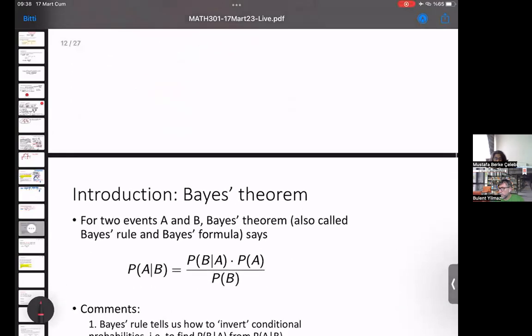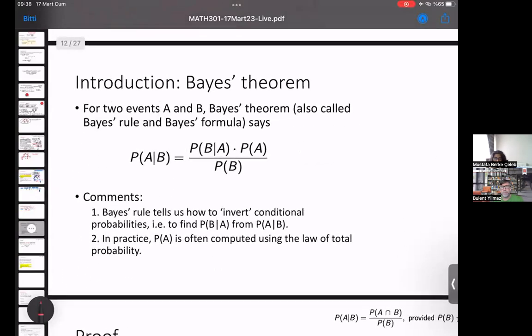So if you go to the Bayes theorem, it uses conditional probability and the law of total probability, but it is a different way of saying things.